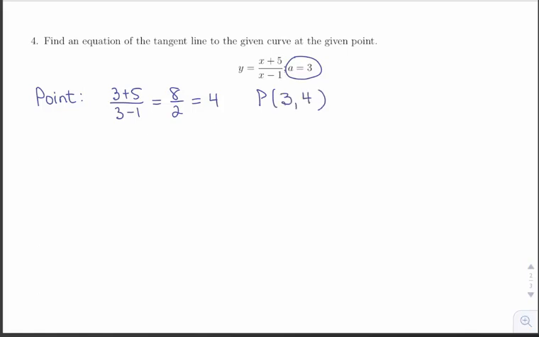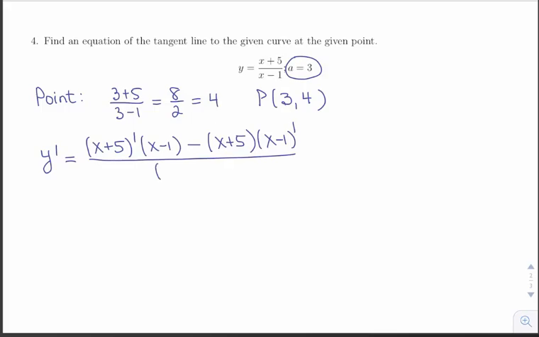Now I would like to find the slope of the tangent line at that point. So we need to find the derivative. y prime is equal to what? (x plus 5) prime times (x minus 1) minus (x plus 5) times (x minus 1) prime, divide everything by (x minus 1) squared.